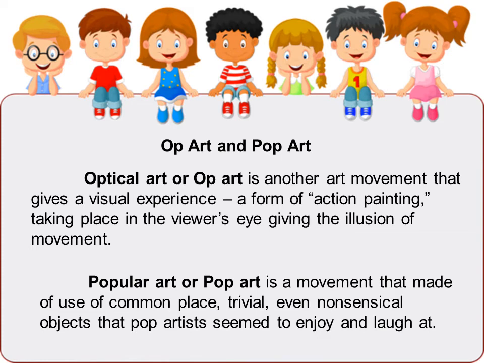Now let's move on to optical art, or op art, and pop art. Optical art or op art is another art movement that gives us a visual experience. It is a form of action painting taking place in the viewer's eye, giving the illusion of movement. Popular art or pop art is a movement that made use of commonplace, trivial, even nonsensical objects that pop artists seem to enjoy and laugh at.